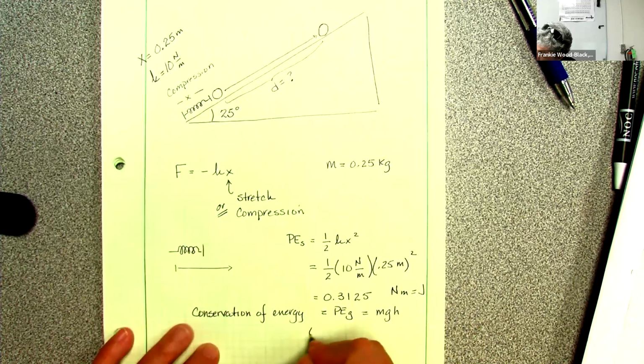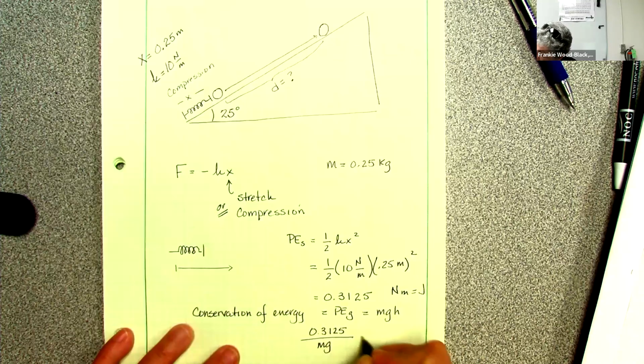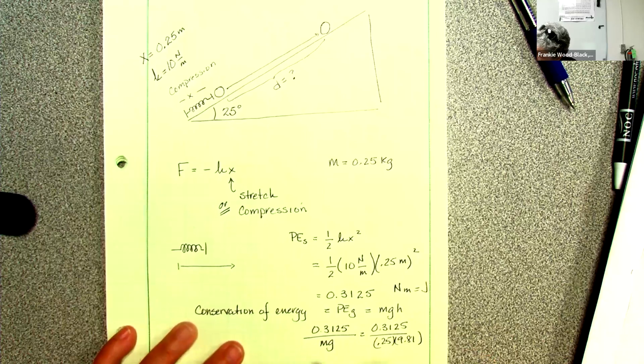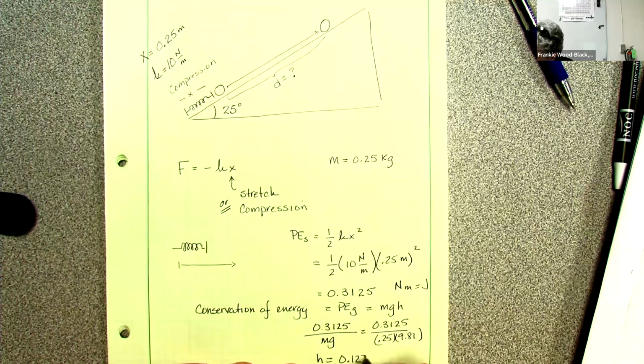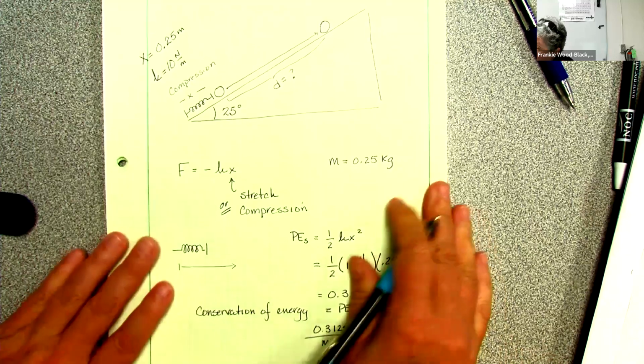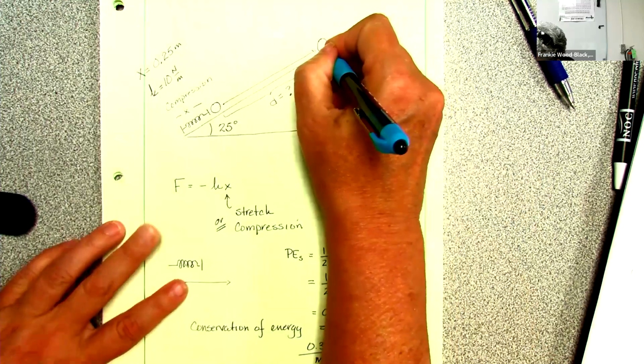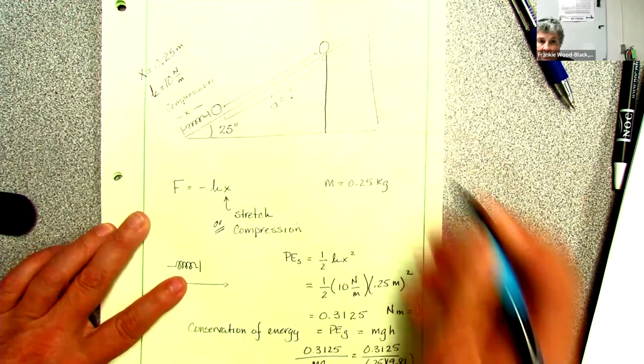So I'm going to take my 0.3125 divided by the mass times gravity of my marble. That gives me h, and says that I've gone up 0.127 meters.